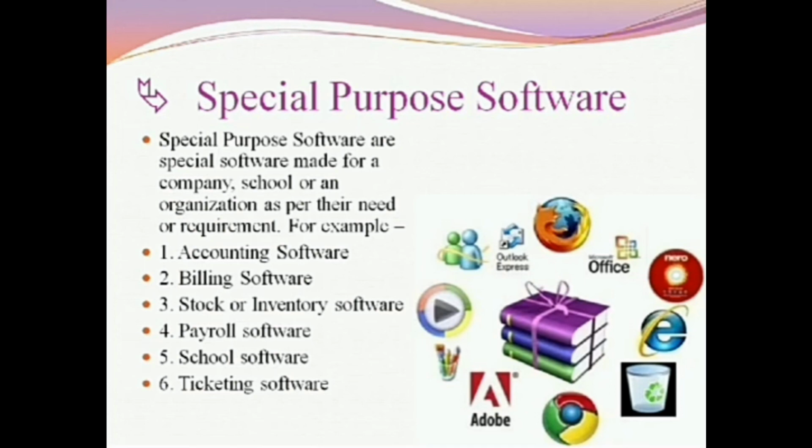Let's recap whatever we have learned in this class. Software can be classified into system software and application software. Already we have learned that system software consists of the programs which control the overall operations of the computer, and it is also classified into operating system, language processors and utility software.